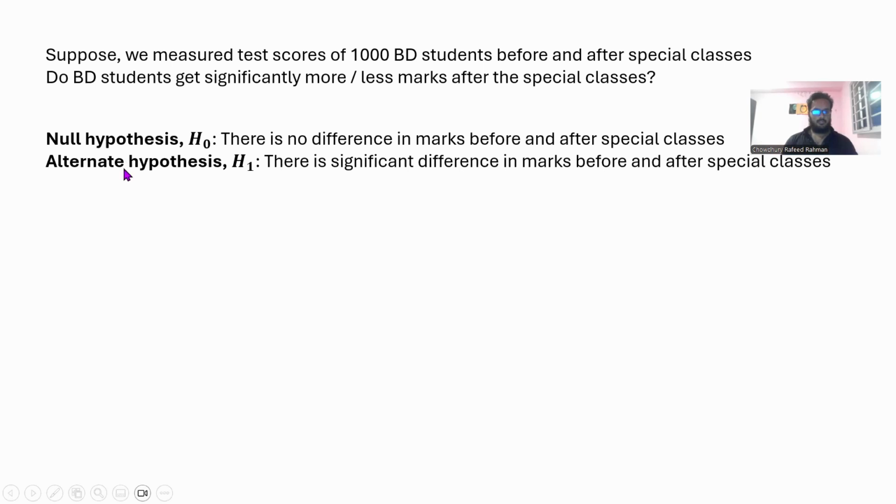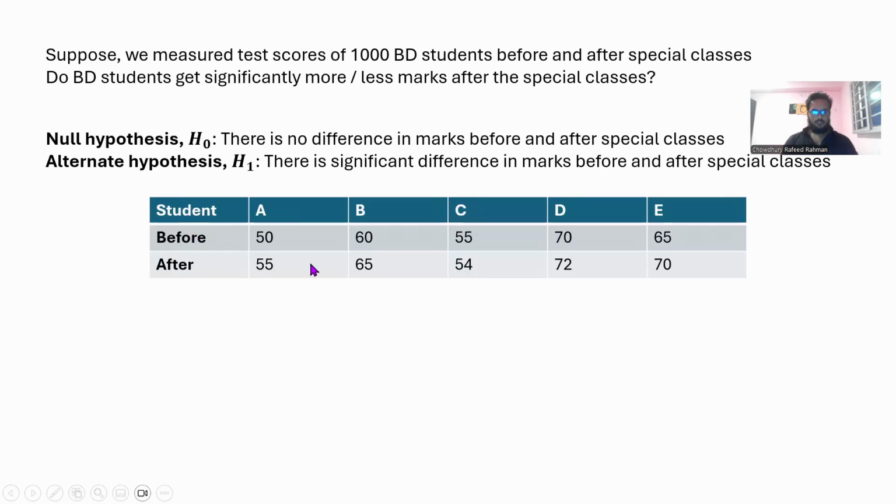So these are the hypotheses. The null hypothesis is that there is no difference in marks. The alternate one is that there is a significant difference in marks before and after the special classes. I think this is something every one of us understands now. For this example, we obviously cannot demonstrate 1000 students, so let's demonstrate 5 of them.